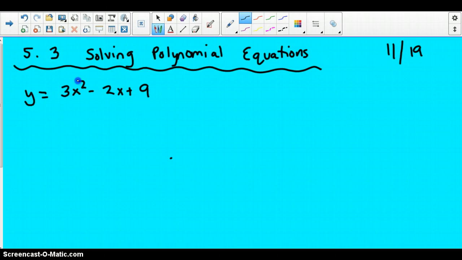And so, as long as you can remember how to solve a quadratic using the quadratic formula, I don't see that this lesson is going to be too difficult. We would set it equal to 0, 3x squared minus 2x plus 9, and then use the quadratic formula.